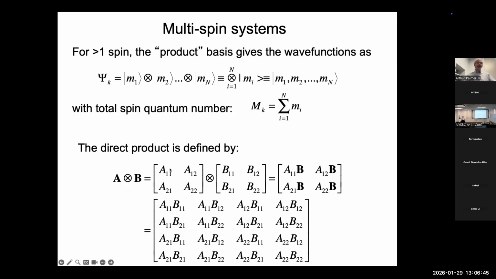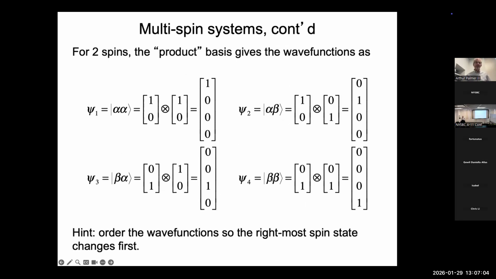And the direct product for an operator is each element of the first operator is expanded up to a matrix by multiplying it by the second operator matrix. It's easier perhaps to see over here.